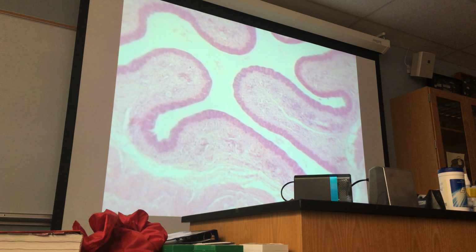So the innermost lining bounding the lumen is the epithelium. And you can see the epithelium is not simple epithelium, it's stratified epithelium. You must know the difference between stratified epithelium and simple epithelium.